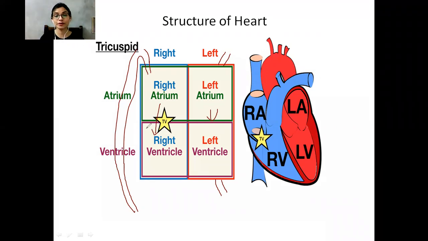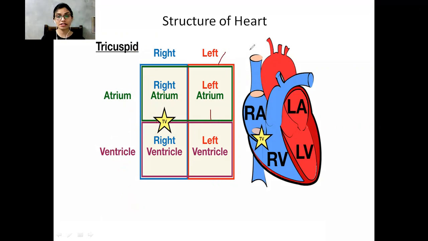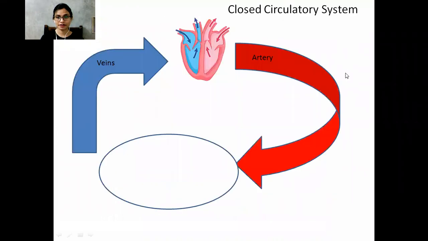Now, our human circulatory system is a closed circulatory system. What do we mean by closed circulatory system? Closed circulatory system means blood always flows inside the blood vessels, like blood never comes out of the blood vessels.